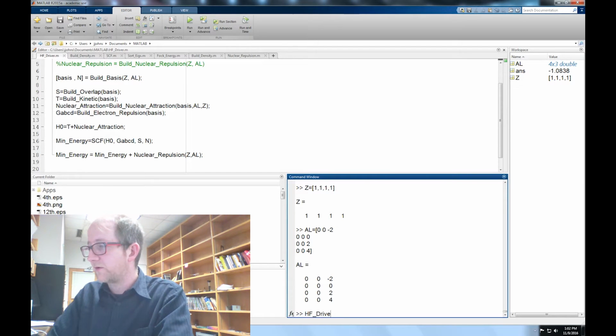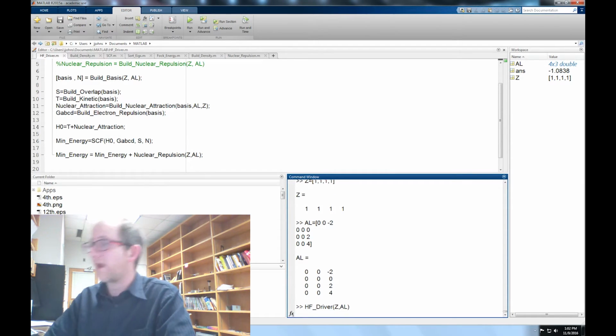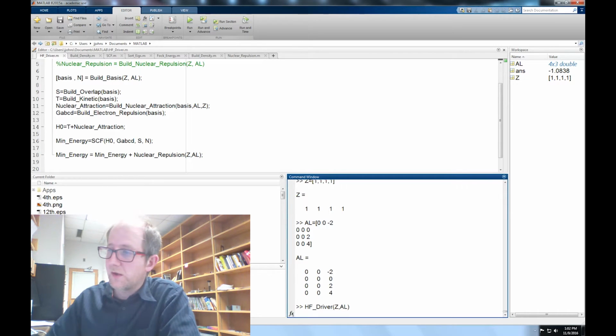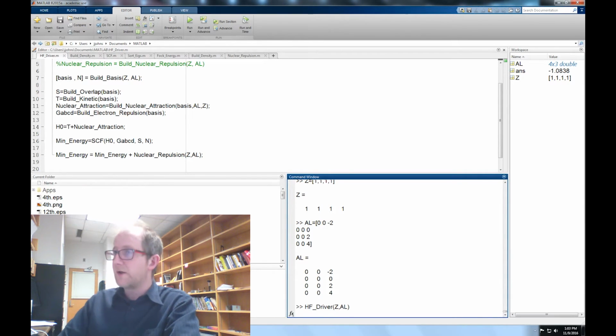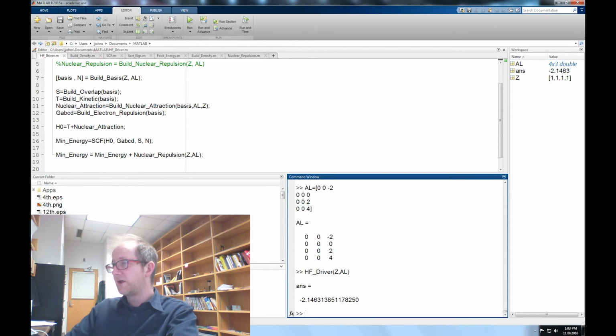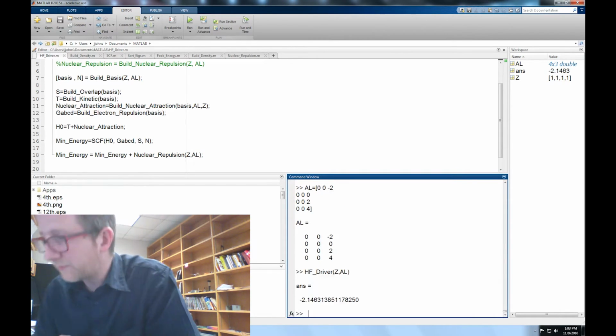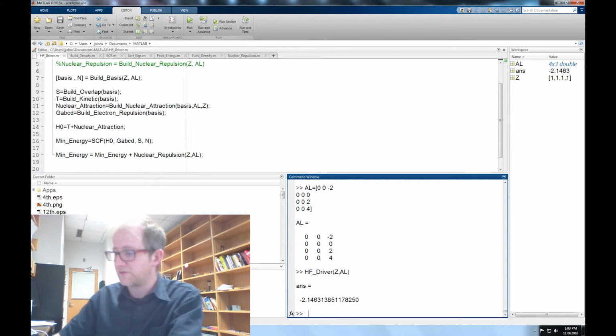HF driver Z. Do 4 atoms. All right, notice how it is taking significantly longer to go through 4 atoms. That's to be expected. So this should scale like the number of basis functions to the 4th power the way we wrote it, and we get out what is probably a pretty reasonable energy.